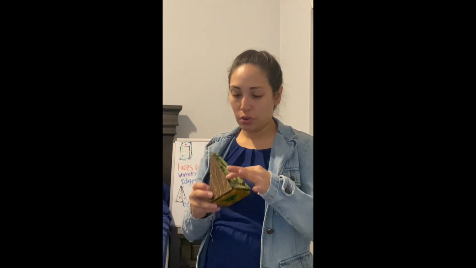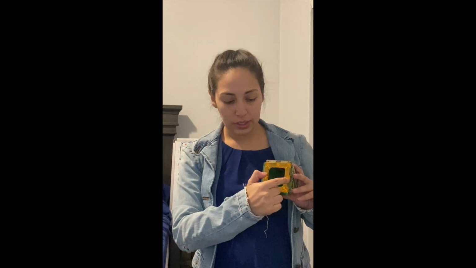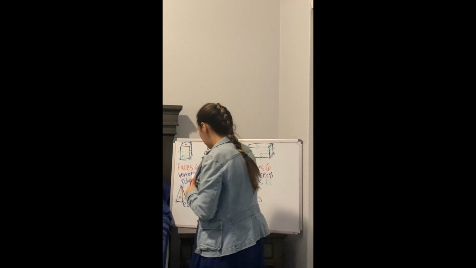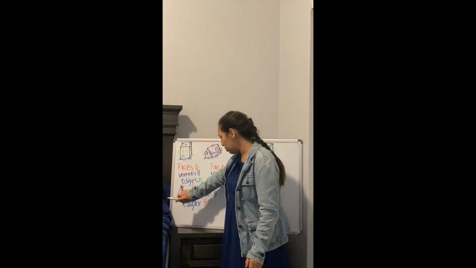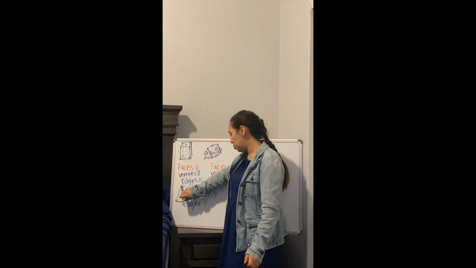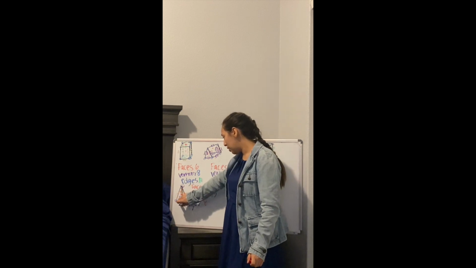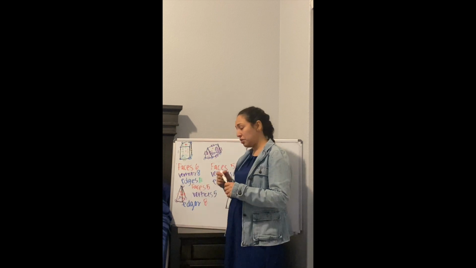Edges, again, we said were where the 2 faces come together. So 1, 2, 3, 4, 5, 6, 7, 8. 8 edges on that one. And again, let's see if we can try to figure them out here because it's a little harder to see on here. 1, 2, 3, 4, 5, 6, 7, and then 8.